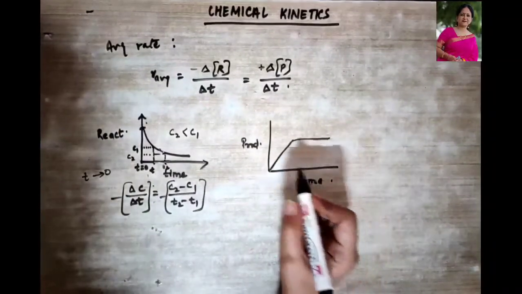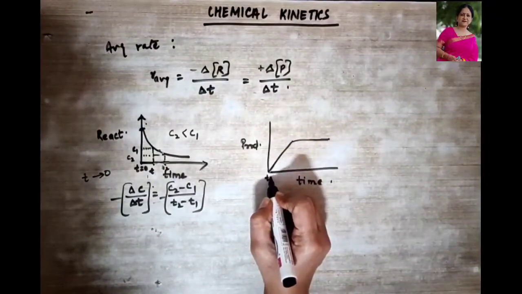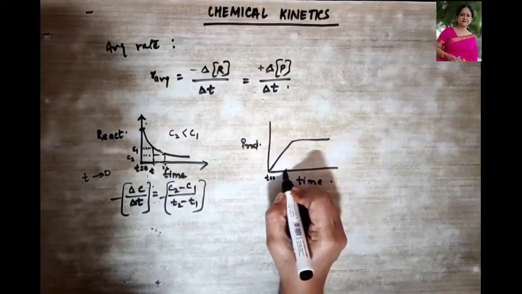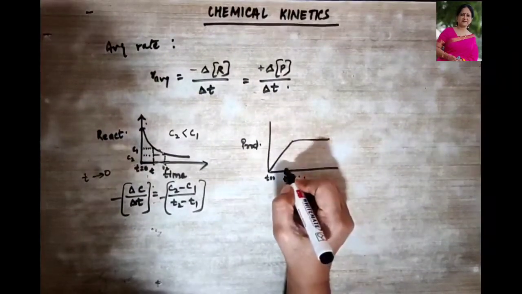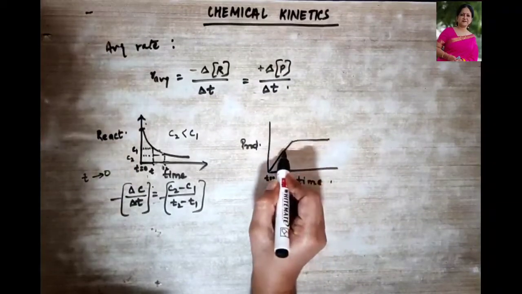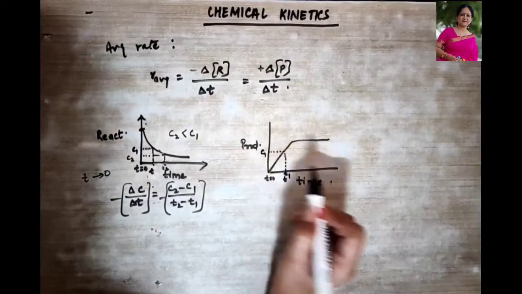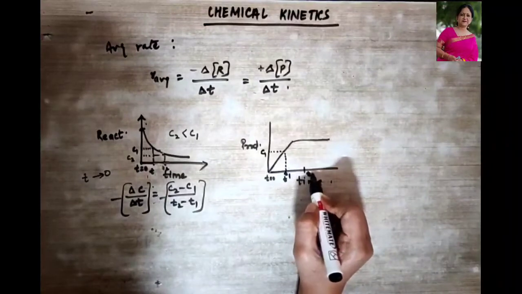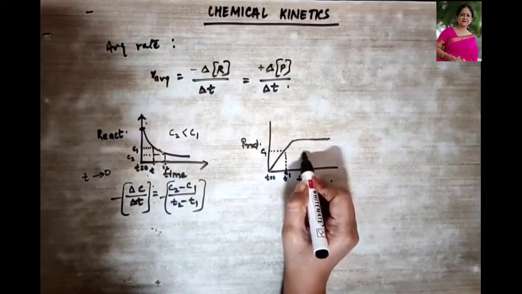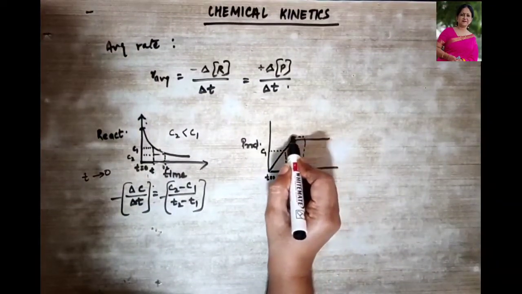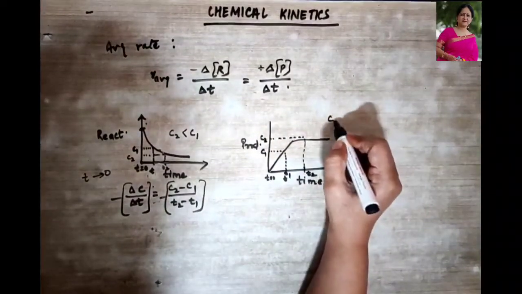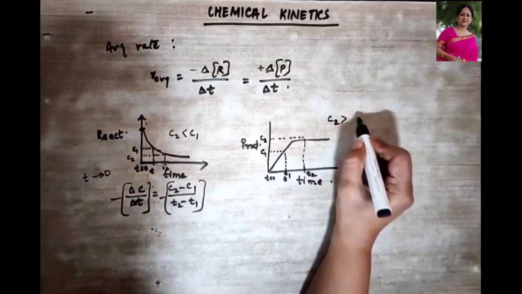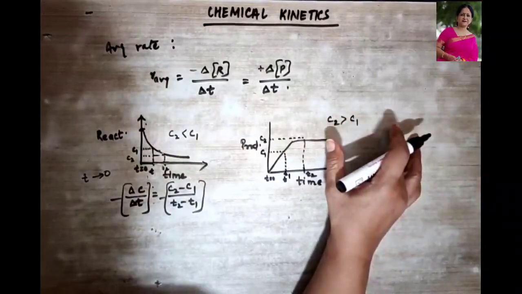So over here, if we see, time was 0. Now the time reached is T1. So let us look at the concentration of the product. It is C1. At time T2, when the time increases, the concentration is also increasing, C2. So here we can say the concentration C2 is more than the concentration C1.